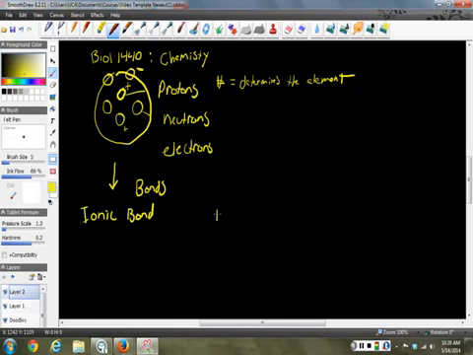So I'm going to draw sodium here. We have our first energy level, and it's going to have 2 electrons in it. And then we'll have another energy level out here. It's going to have 8.